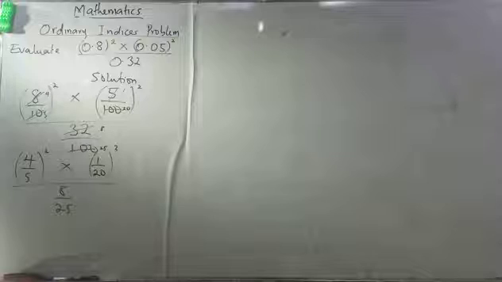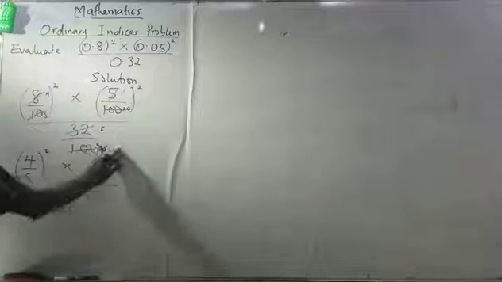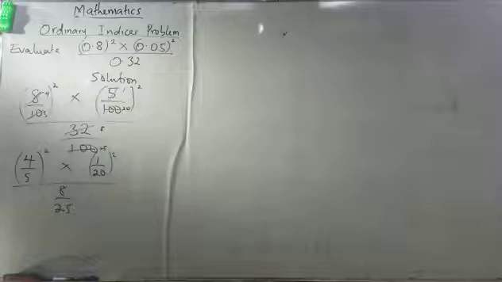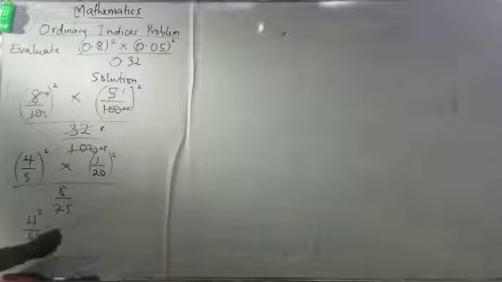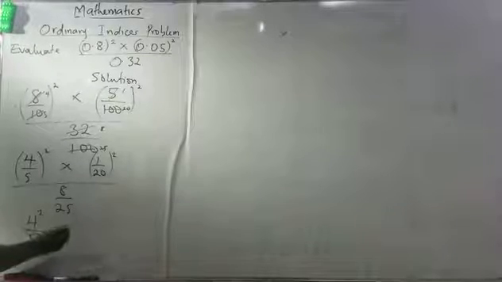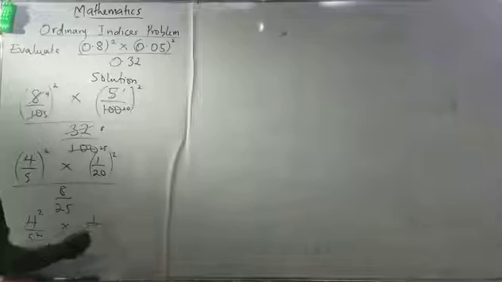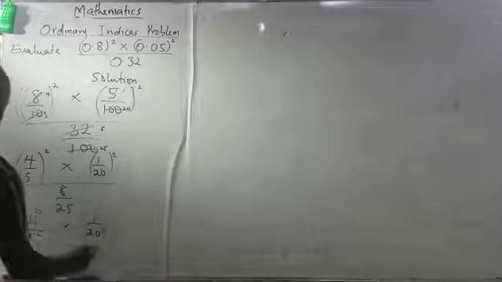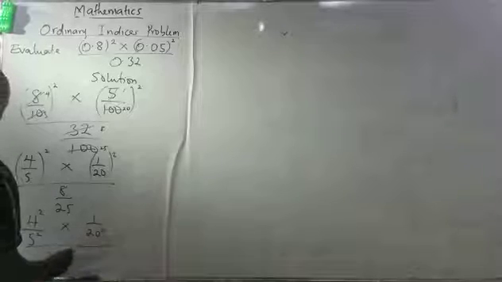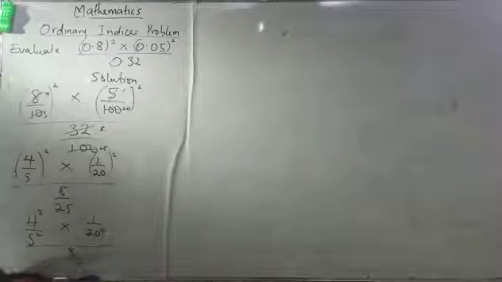Now, you can see that there is a power of 2 here, mind you. Now, here will be 4 raised to power 2, 5 raised to power 2, multiplied by 1 all over 20 raised to power 2, divides 8 all over 25.